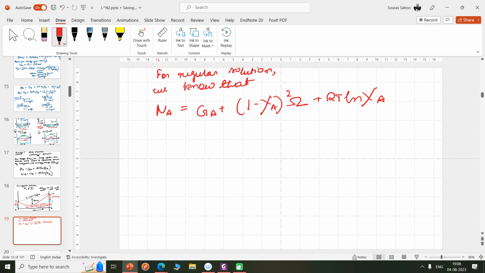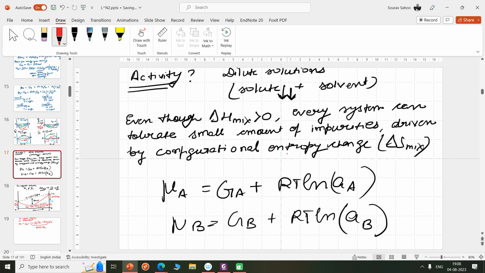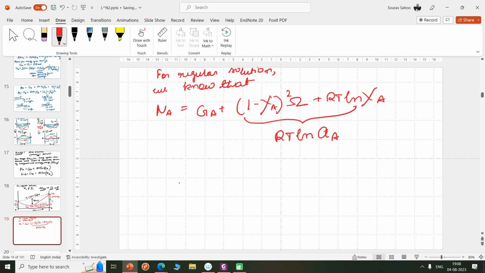And this term is what we are saying is equal to RT ln chi A, because this is what we are getting here. So this entire term is this thing. So we just equate them.